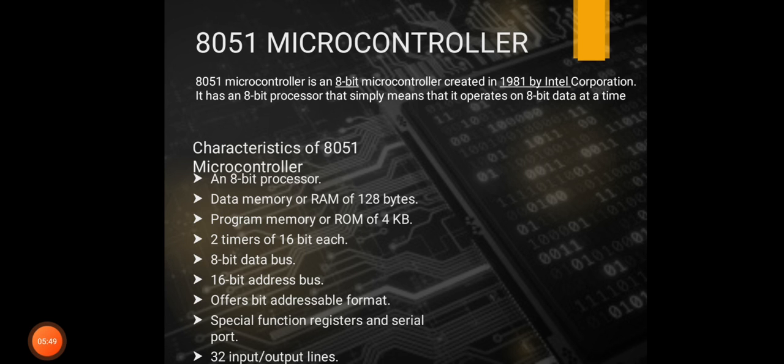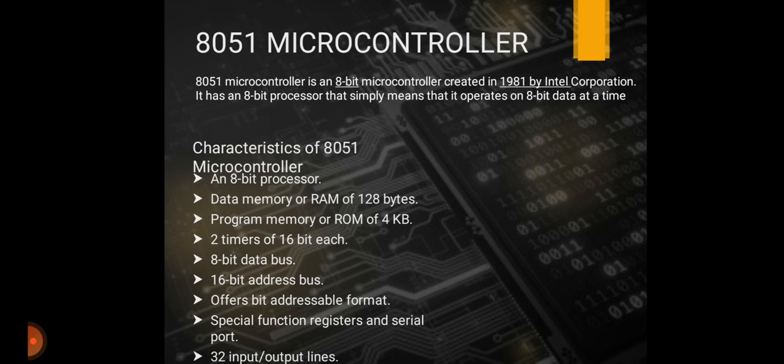Our next main point is the 8051 microcontroller. The 8051 microcontroller is an 8-bit microcontroller which was created in 1981 by Intel Corporation. It has an 8-bit processor, which simply means that it operates on 8-bit data at a time.